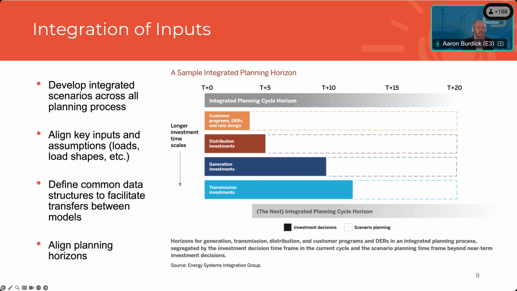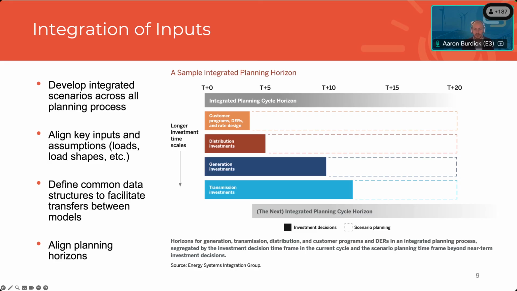So as I noted, integration of inputs involves creating integrated scenarios, input assumptions, and data structures. It also involves aligning planning horizons. So on the slide here, you can see the extended integrated planning horizon across each of the 4 planning domains. And we have often looked far out for generation and transmission planning. Planning cycles for distribution and customer programs tend to be shorter.